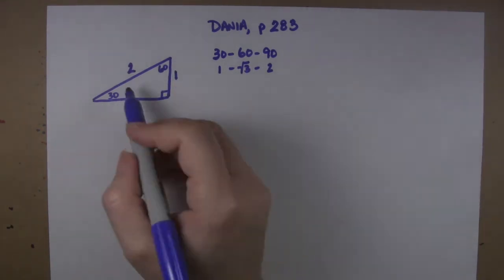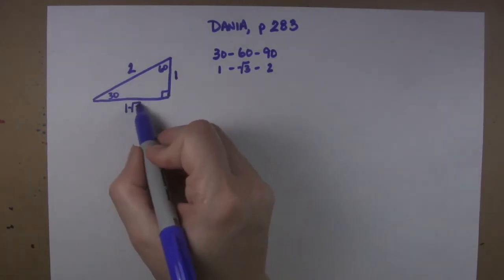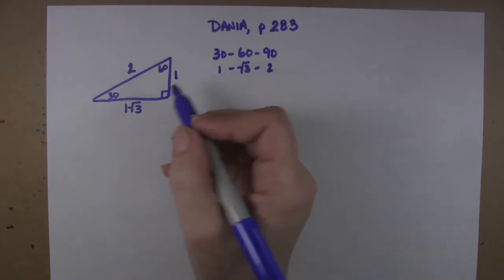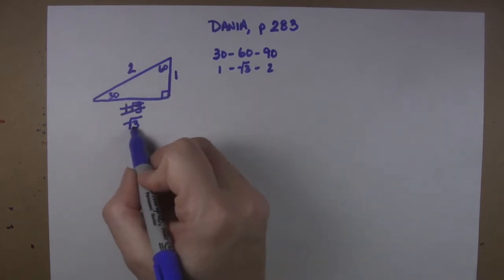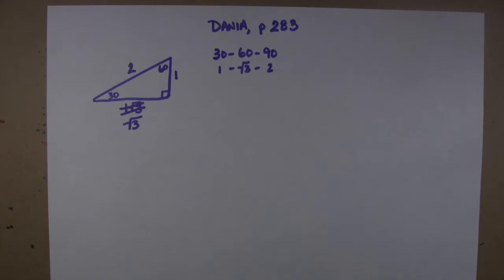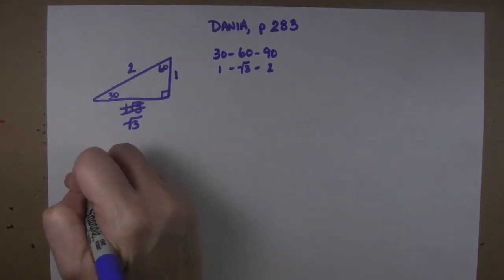And we know that this side is 1 times root 3, which is 1 root 3, which usually people just write as root 3. And so that is the information that we need in order to calculate the lengths of the other two sides. We use this information.